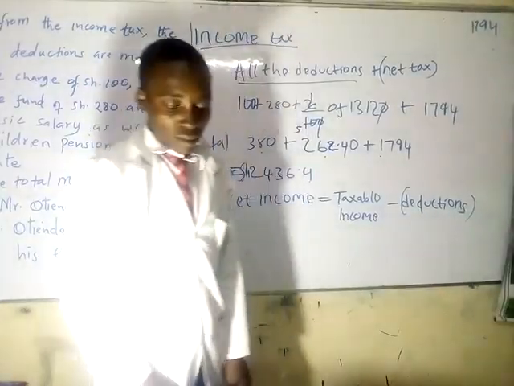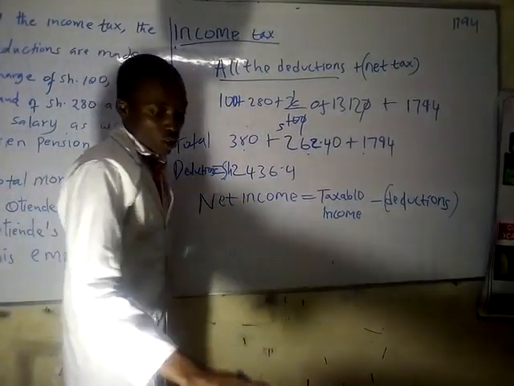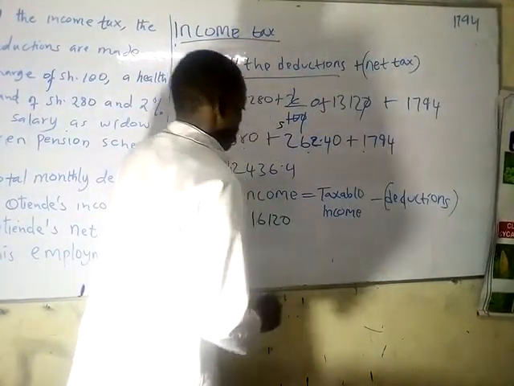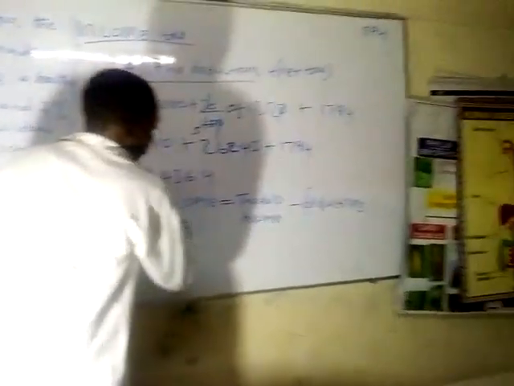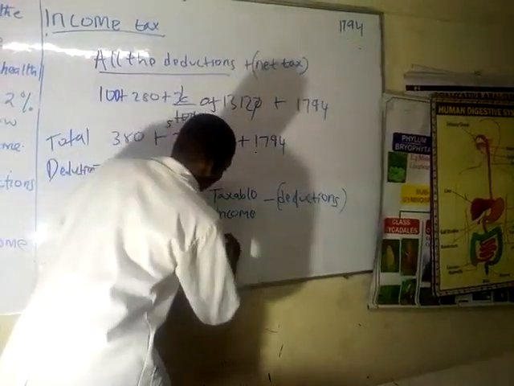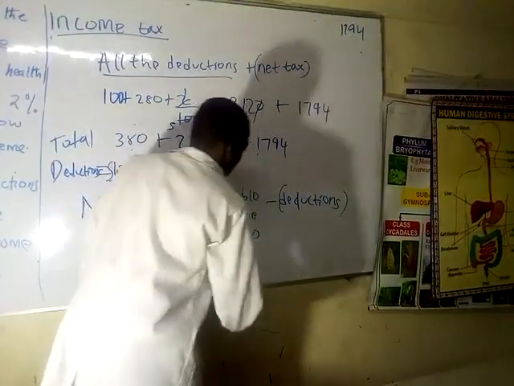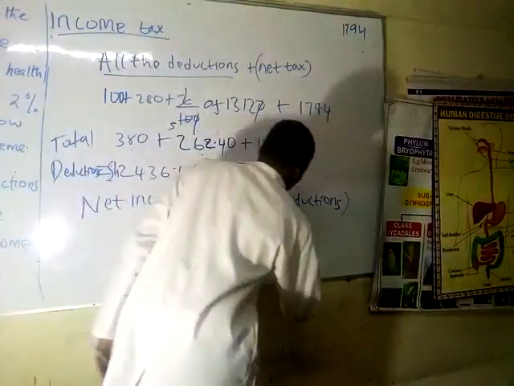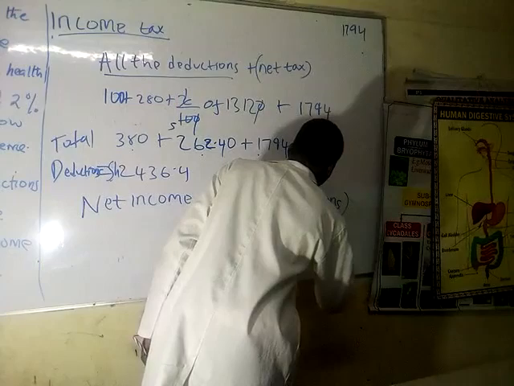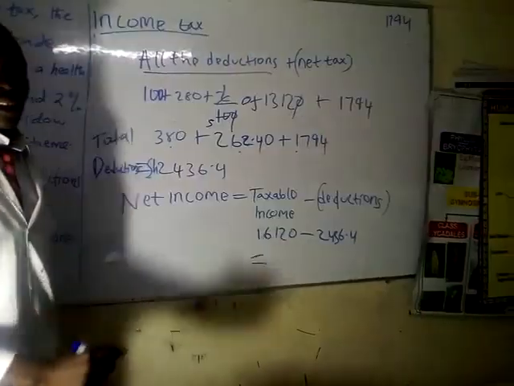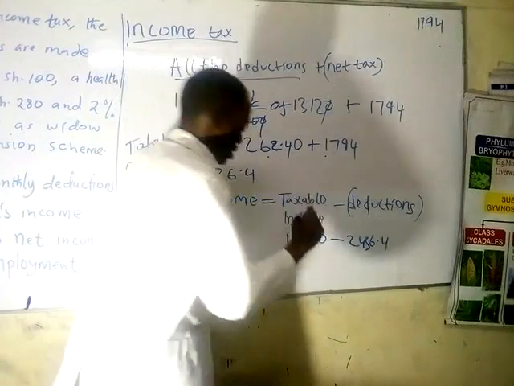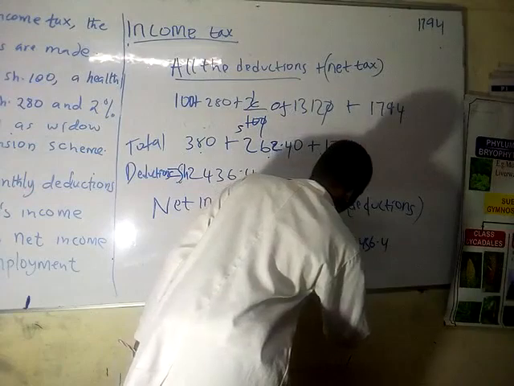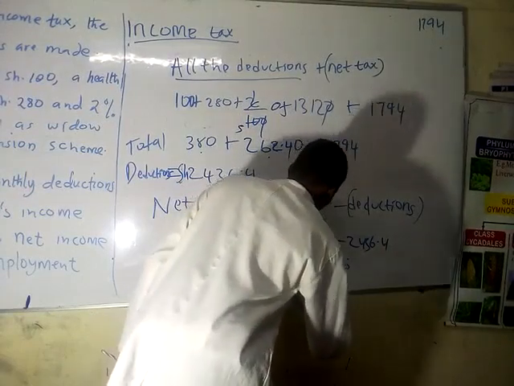Our taxable income was shillings 16,120, and our total, sorry, let me put it here so that it can be easy to understand. 16,120 minus the deduction which you got here, which is 2,436.4, which gives us 13,683.6 shillings.